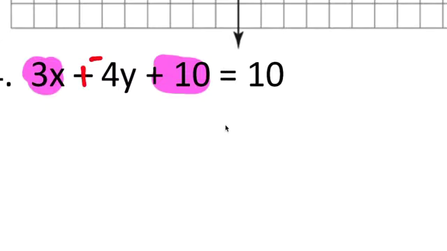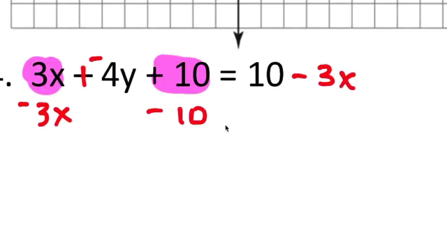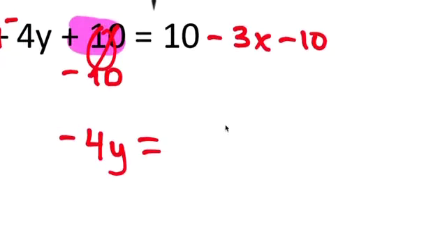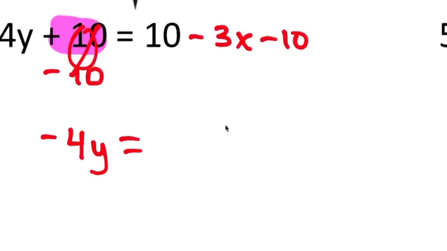So I'll first get rid of 3x. So minus 3x. Get rid of the 10. Minus 10. Right? That's 0, 0. So both of these are 0. Okay, and then I have left too much stuff. Let's rewrite what we have left. It's a -4y. It's 10.